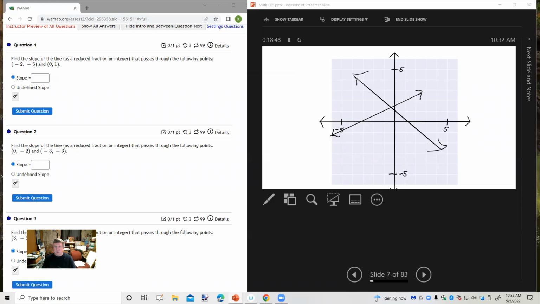This line is going down from left to right, so we would say that it has a negative slope. When a line is horizontal, we say the slope is 0. And when a line is vertical, we say that its slope is undefined.